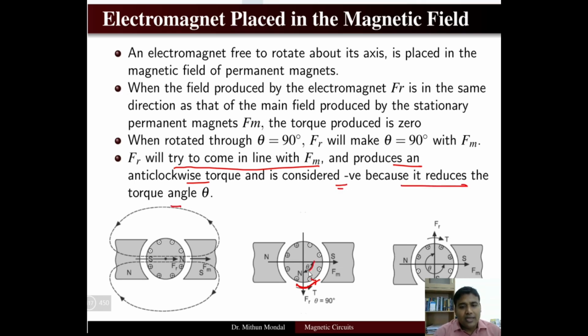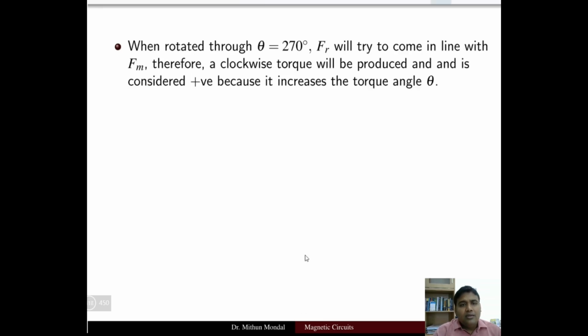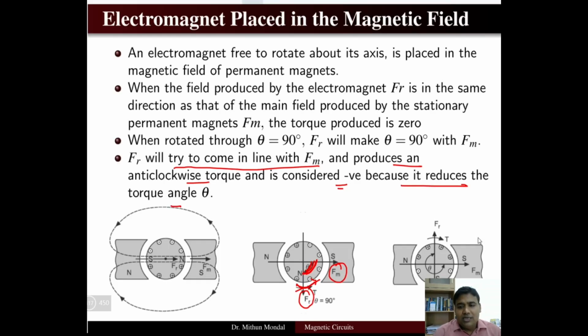So this is your torque angle theta. So here is the direction of FR, here is the direction of FM, and due to the anti-clockwise direction, theta will decrease. And when it is rotated by 270 degree, which we can see here, theta is 270 degree, FM is constant in direction from north to south pole, and now FR, which was at the bottom, has now become the top FR.